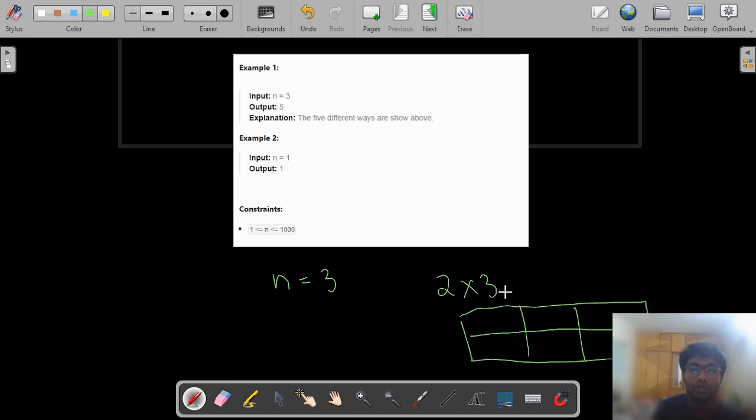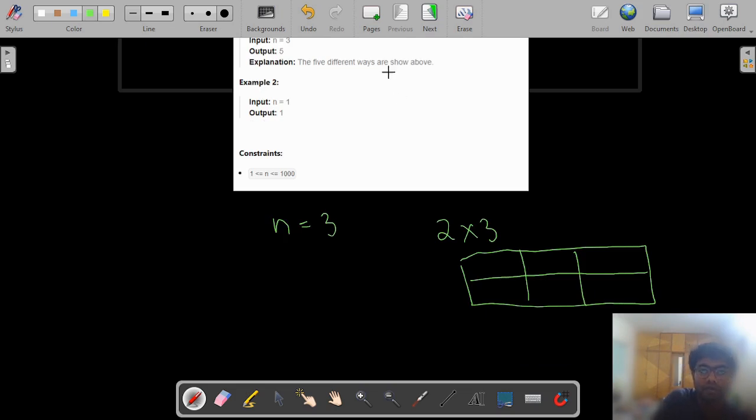There are five different ways to solve this, and the output that we need to return is 5. Let's see how we can arrange the tiles, maybe a domino or a tromino, to fill out all of these squares.